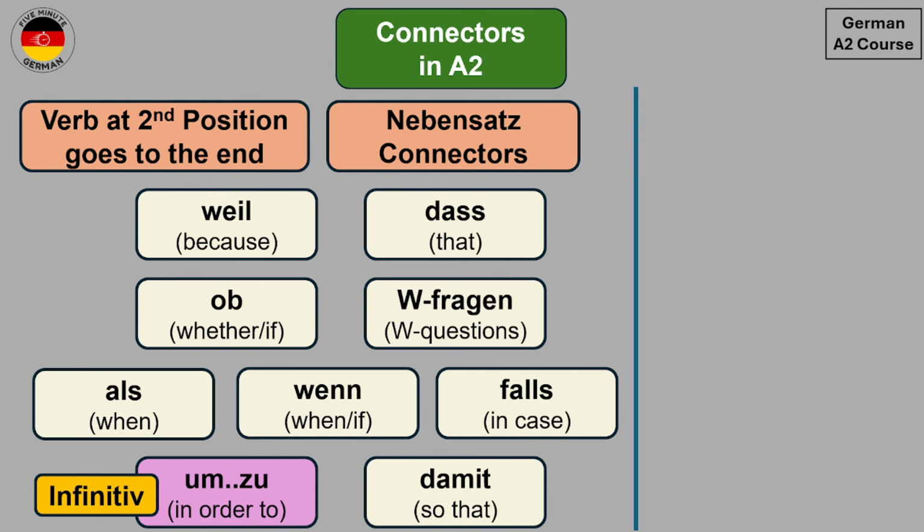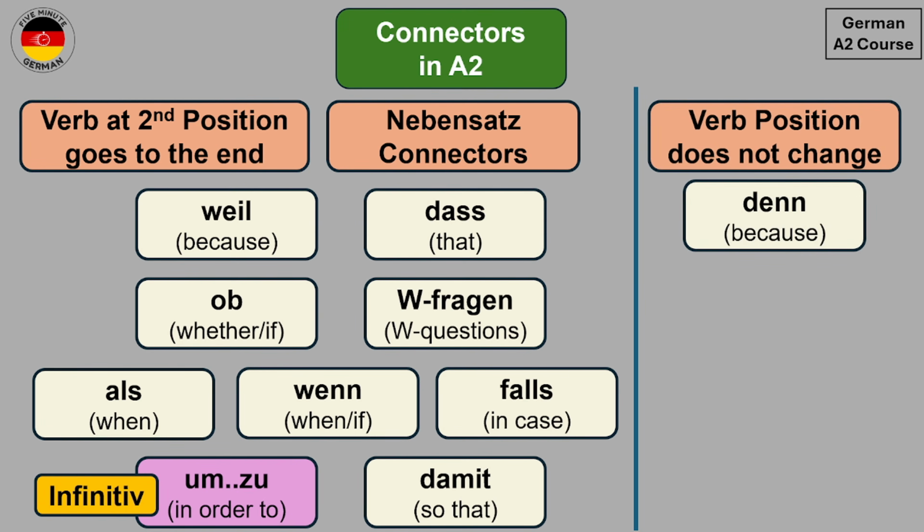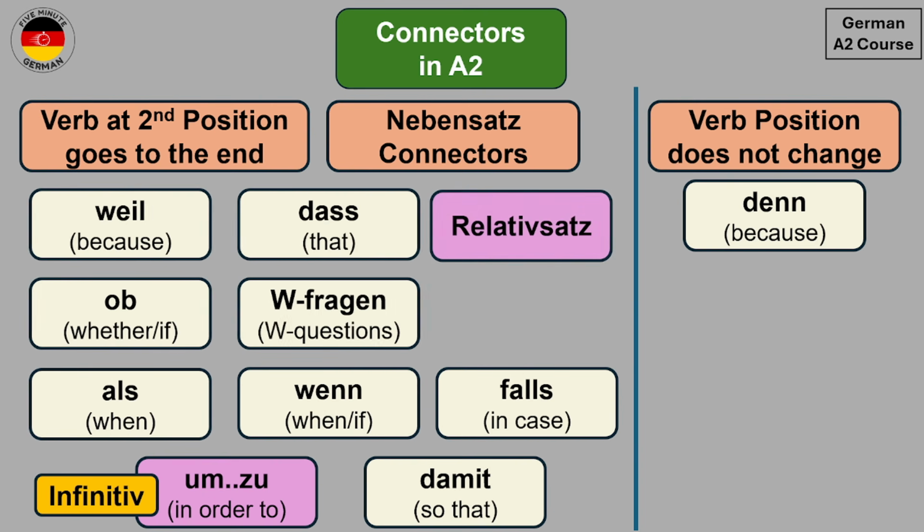And on the right side, we have the connector in which the verb position does not change, and this is only one, which is denn in A2. So now we can also add Relativsatz to the list of the connectors in which the verb at second position goes to the end. So we have a total of 11 connectors in A2.